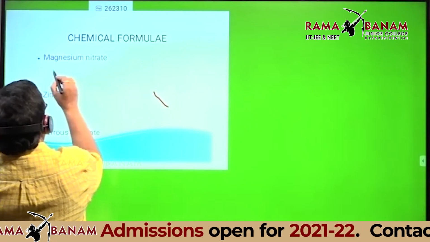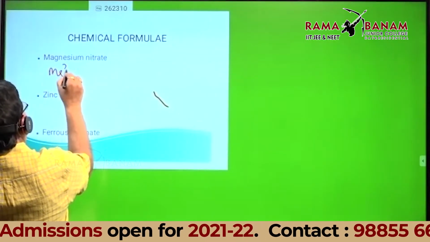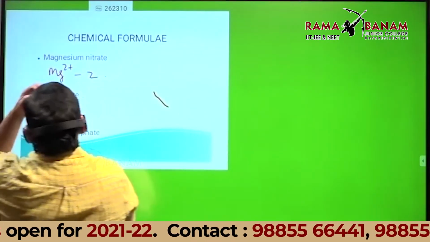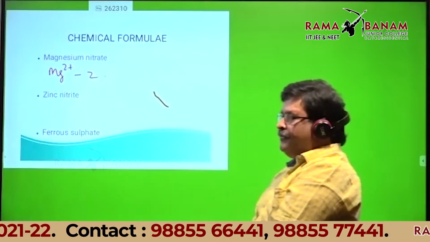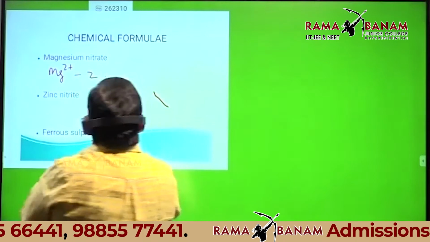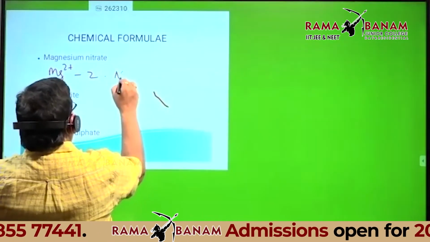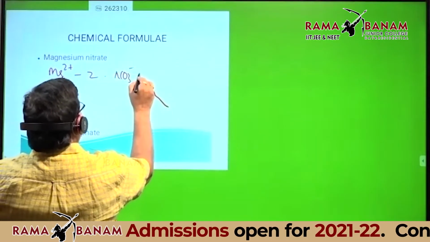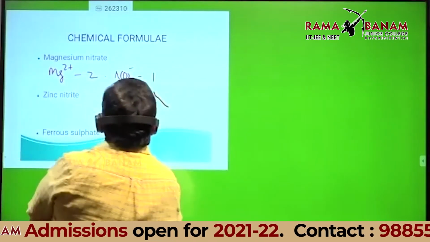Magnesium ion is Mg2 plus, so valence is 2. Nitrate ion is NO3 minus, so valence is 1.